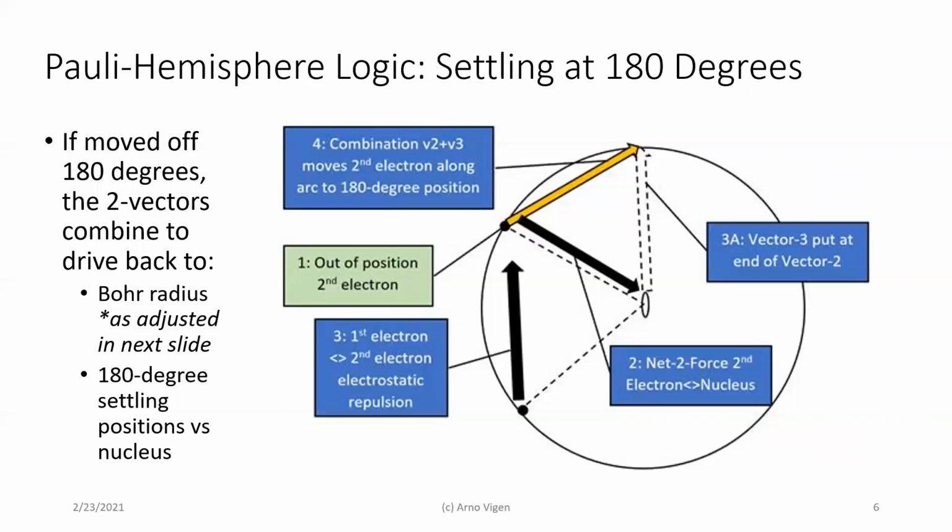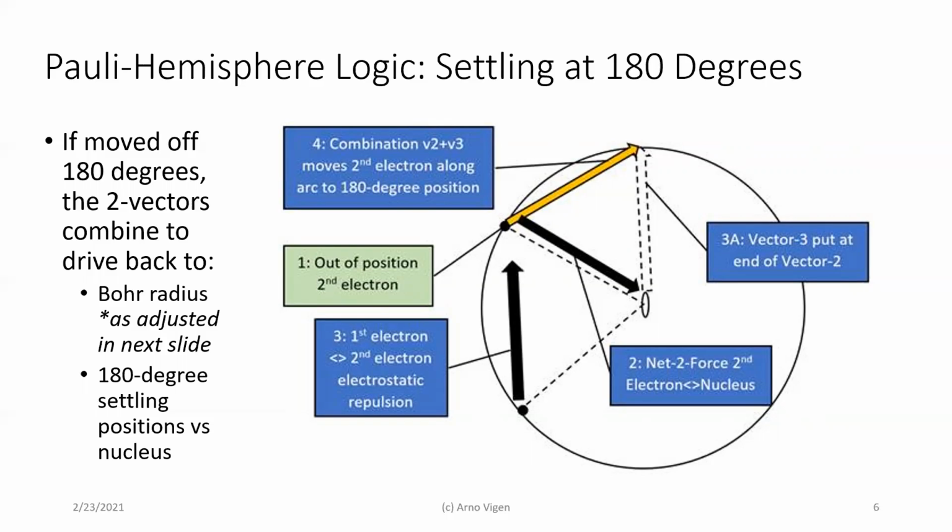You can see that the polyhemisphere logic works even on dynamic situations. If the electron here is moved off of that position at the Bohr radius at 90 degrees, you will have at number 2 a vector of acceleration towards the nucleus. Yet, those two electrons want to repel each other. So, number 3, the first electron and the second electrons are pushed away.